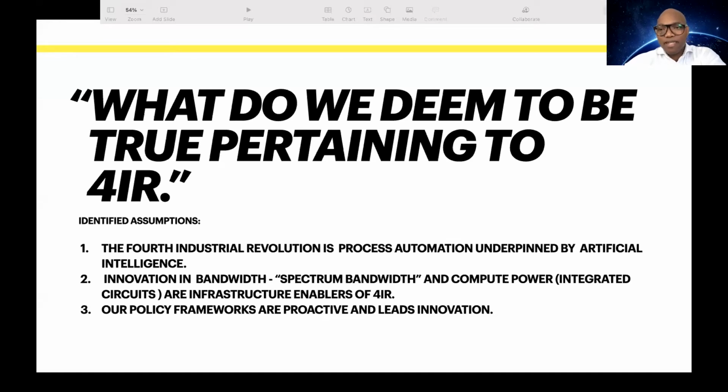And then the second assumption is that innovation, specifically bandwidth innovation, and I'm talking on 2 points, spectrum bandwidth, as well as compute power bandwidth, are infrastructure enablers of 4IR.